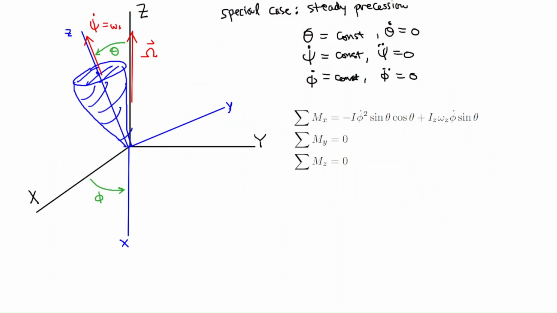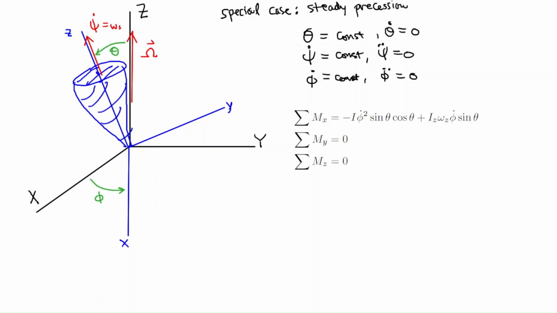Now, you may know that one very common case is the steady precession of a top or an axisymmetric body. Steady means that the rates are constant at the very least, and theta, the so-called nutation angle, just makes a constant angle between those two z-axes.